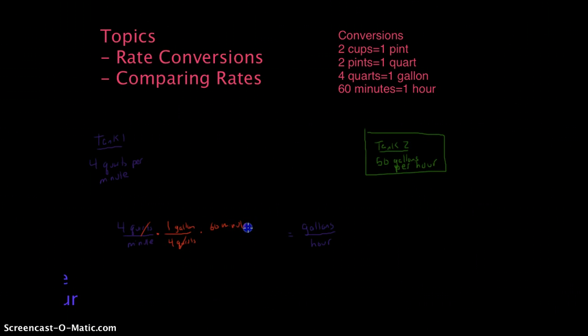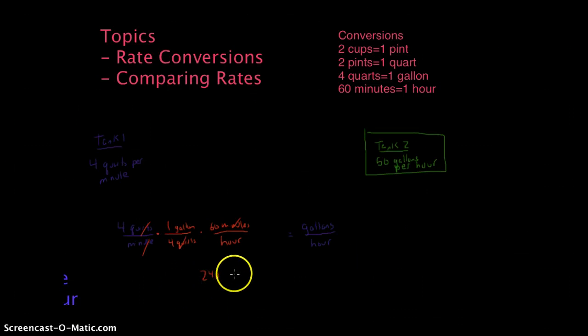Every time you're doing a problem like this, at every point, just check and make sure your units are right. Okay, minutes are gone, minutes are gone. So now I'm in gallons per hour. Perfect. Now it's just some quick multiplication. So I have 4 times 1 is 4, times 60 gives me 240. And on the bottom, I just have a 4.